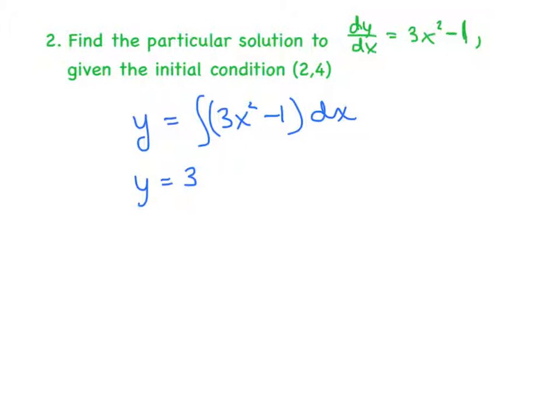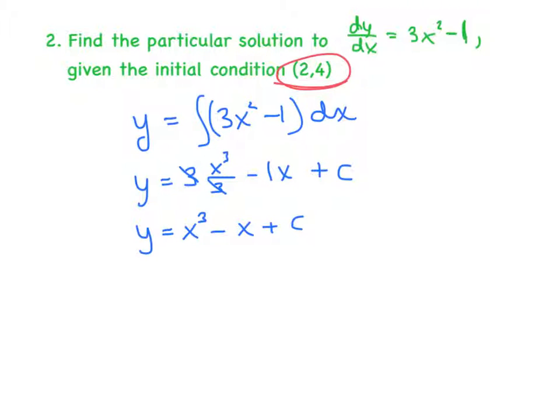So 3 times the integral of x squared would be x to the third over 3, minus 1 is a constant, so 1x, and then your plus c. Okay, obviously here your 3's are going to cancel, so we get y equals x to the third minus x plus c.